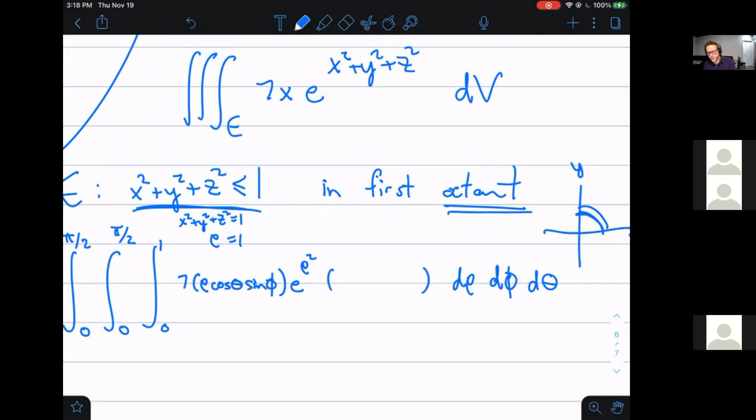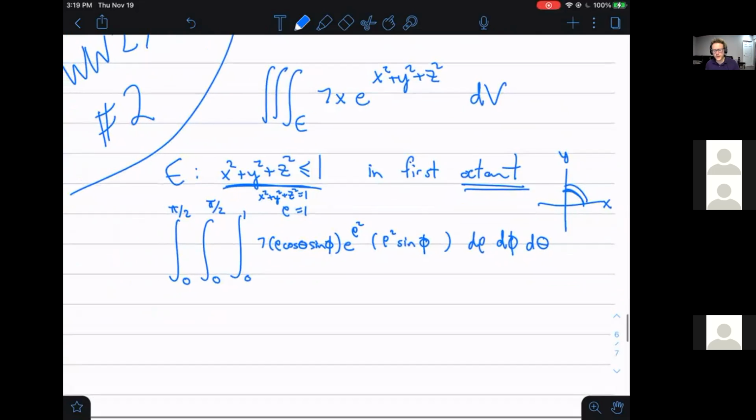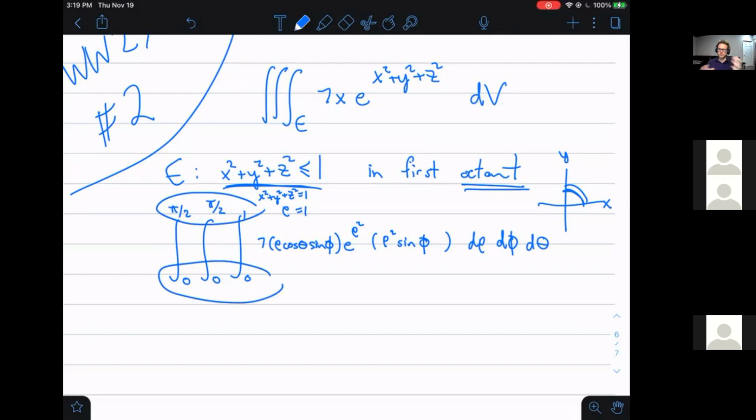And whenever you switch coordinates, in this case from Cartesian into spherical, we need the Jacobian, or integration factor, and we know that for spherical it's rho squared sine phi. We have a fair amount of constants, and all of these are nice constant bounds, with a lot of multiplication.